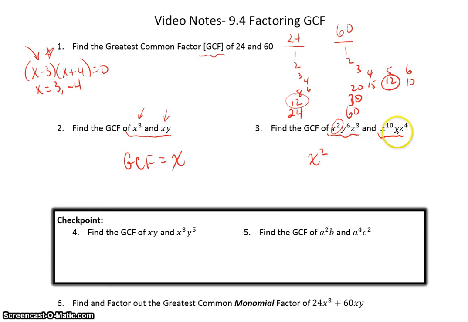I also notice that there are y's, but this time I can only take one y out since the second term only has one y. And then I see z's, z to the third, z to the fourth, and so at most we can take out z to the third. We couldn't take out z to the fourth because this first term doesn't have that many. So this is your GCF for number 3.